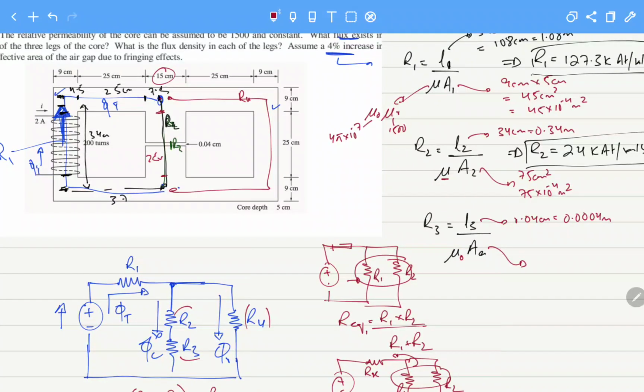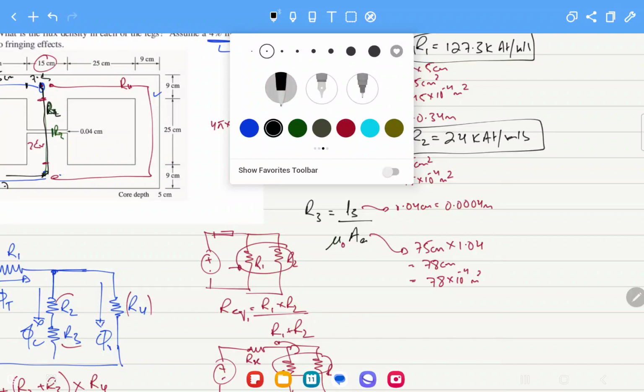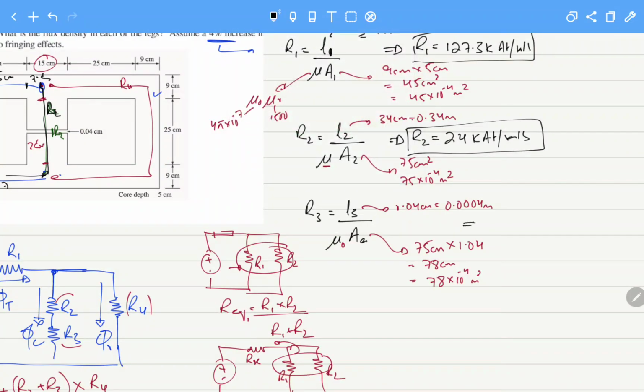So the area of the center part of the core is 75 centimeter square, but due to fringing we have an increase. This will become 78 centimeter square, or you can write 78 into 10 raised to the minus 4 meters square. So the value of R3, that is the air gap, will then become R3 equals 40.8 kilo ampere turns per Weber.